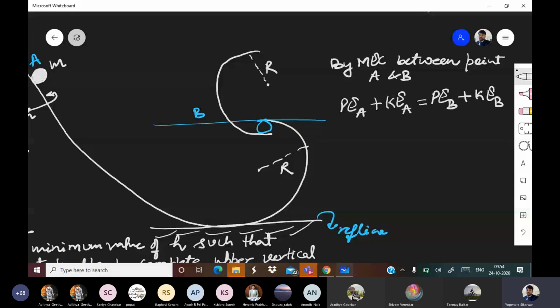PE_B is equal to mg into this height, which will be 2r. So mg into 2r plus KE_B.